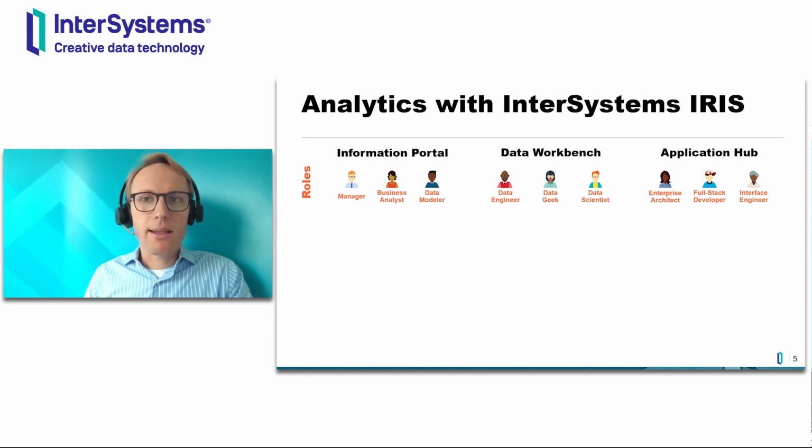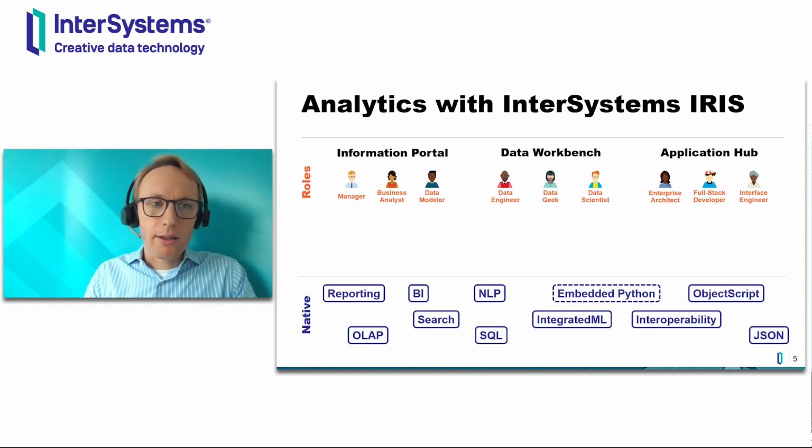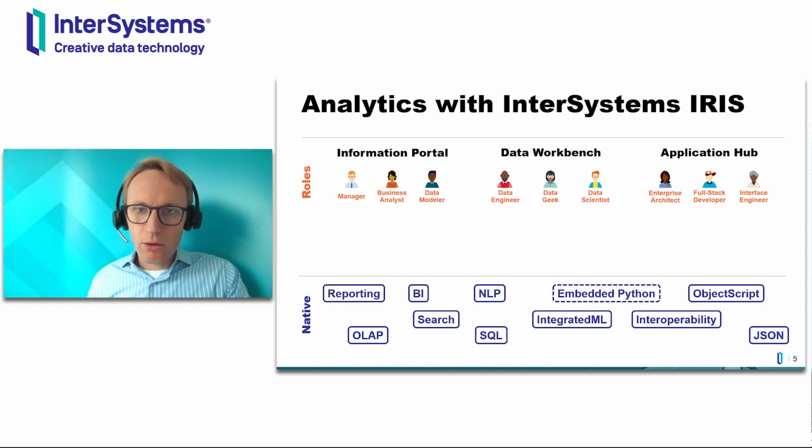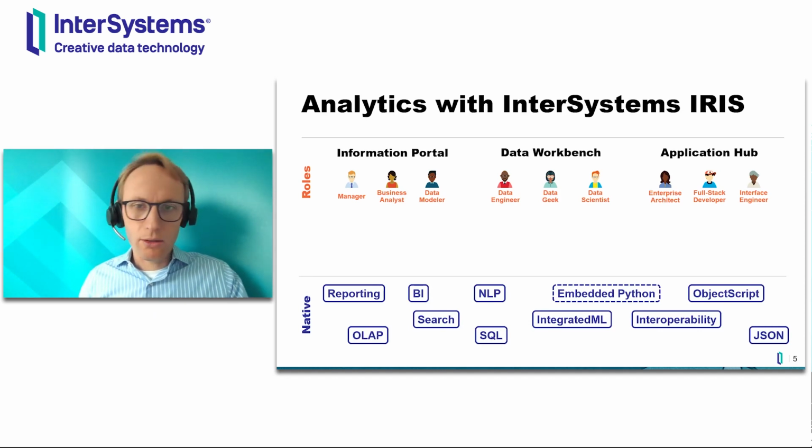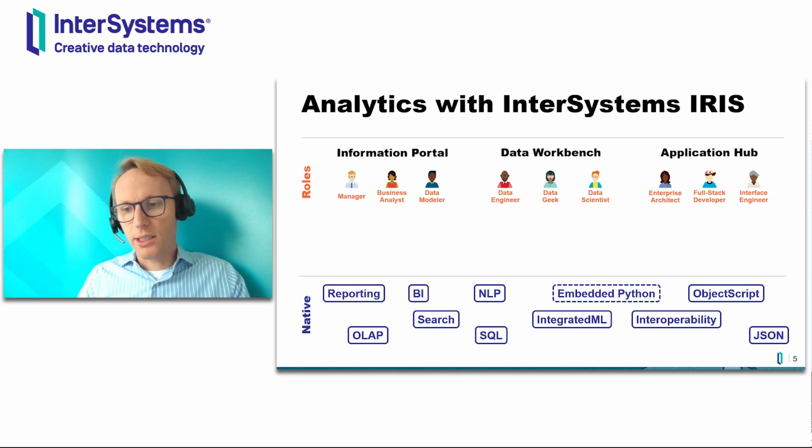So now let's see how that looks with IRIS. In InterSystems IRIS, there's a whole set of native technologies, a whole set of embedded capabilities that are just part of the box, that you get out of the box, that you can start tapping into right away. If we lay them out across these 3 main tiers, you'll see that they correspond to these functionalities.